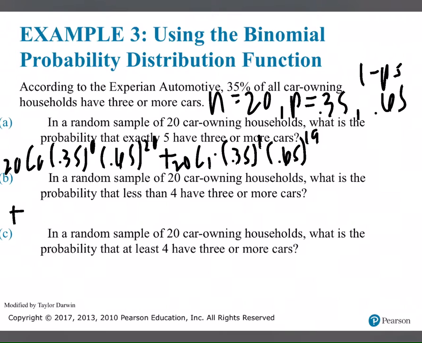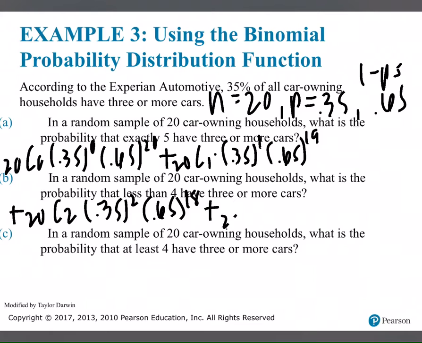The next one, 2, is just 20C2, 0.35 to the 2, 0.65. 20 minus 2 is 18. And then lastly, 3 is 20C3, 0.35 to the 3, 0.65 to the 20 minus 3, which is 17.